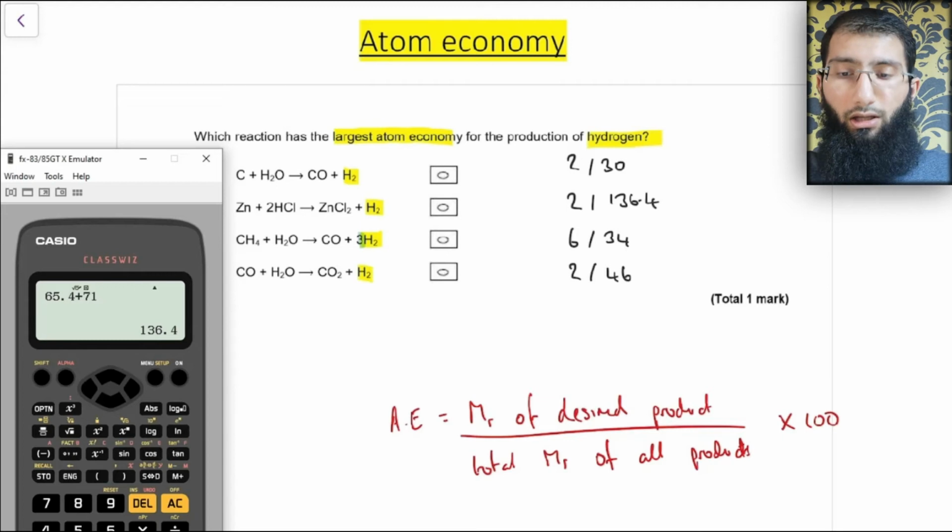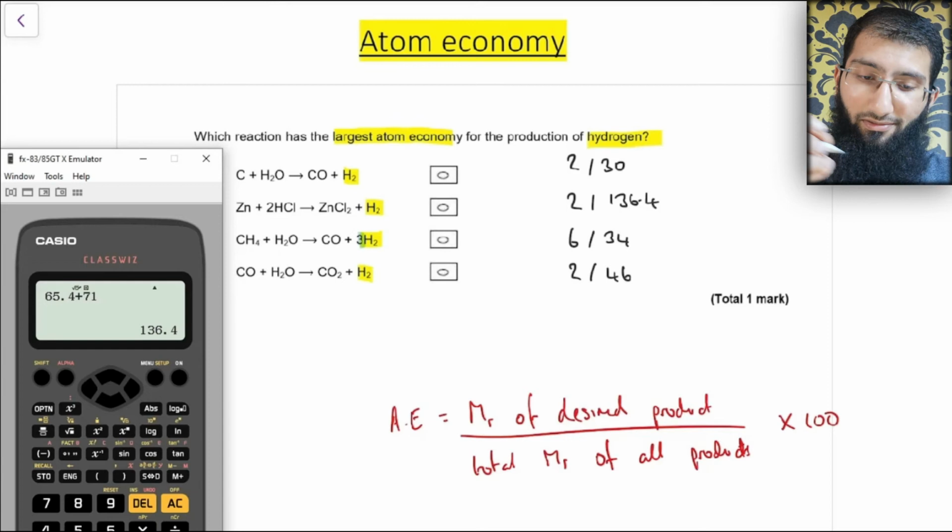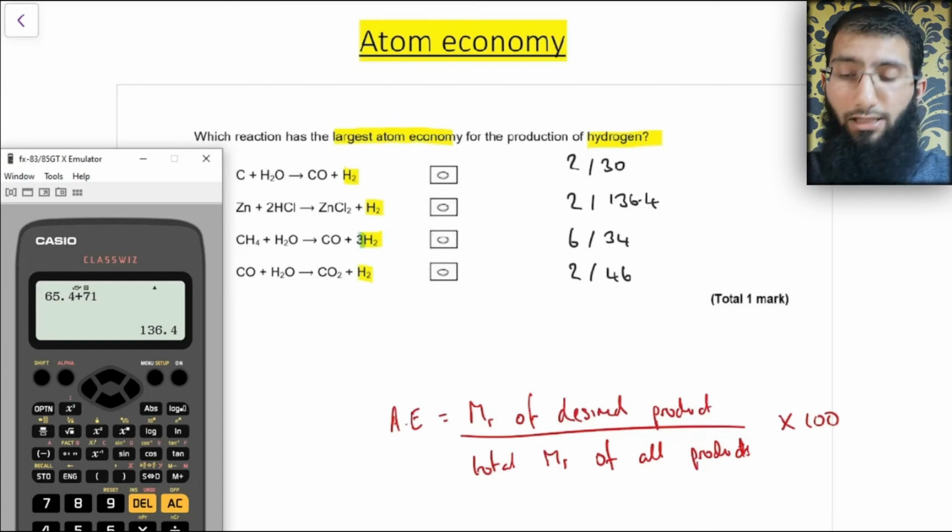Now, immediately, I needn't even calculate what the values of these fractions are, because we can quite easily identify that one of them is certainly not going to be the answer, because we're after the largest atom economy. We know it's not going to be B, just by identifying the fraction ultimately.